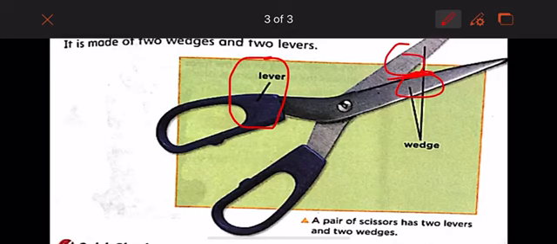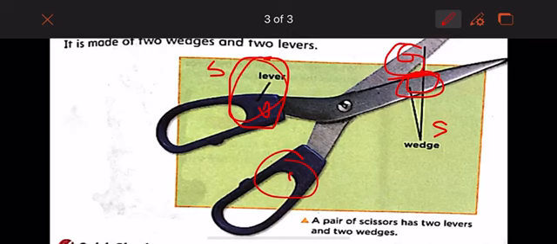Lever is a simple machine and wedge is a simple machine, right? So it is made of two wedges and two levers.